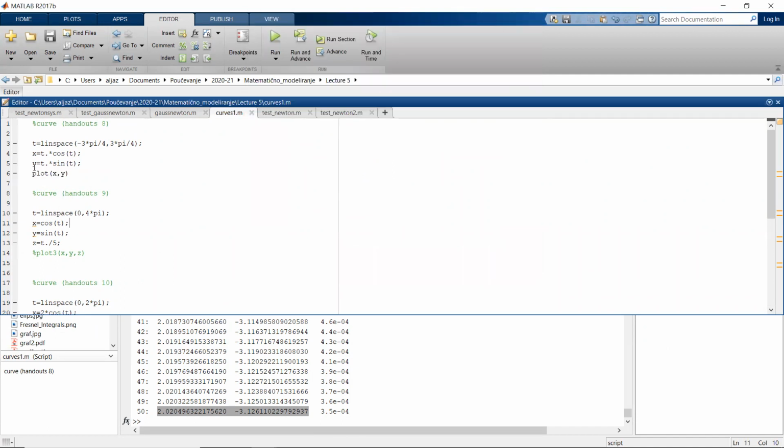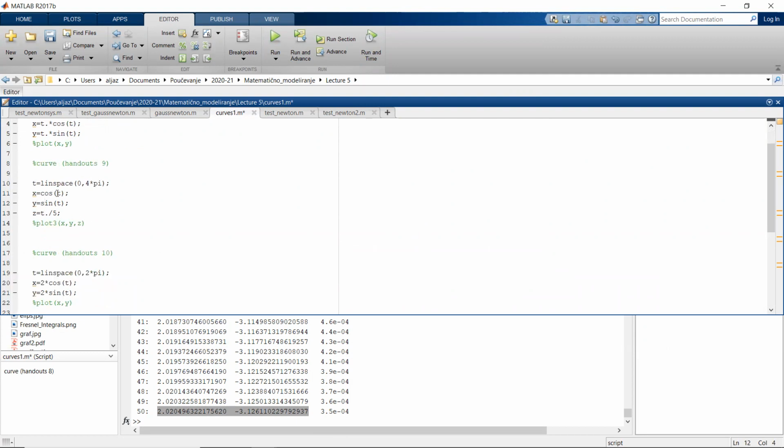For example, another picture. t goes from 0 to 4π. x is equal to cosine of t. y is equal to sine of t. And let's say that there is no z. So we have x and y, which are cosine t, sine t.